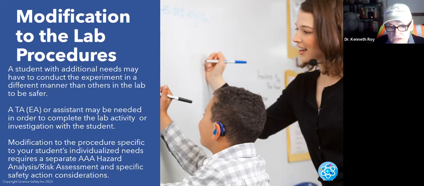Modification to the procedure specific to your student's individual needs requires a separate AAA. Again, AAA: hazard analysis, risk assessment, and specific type of safety action. One size does not fit all. How many times has this come up tonight? All right, we want to keep drilling this in because it's something you need to be aware of. Next.